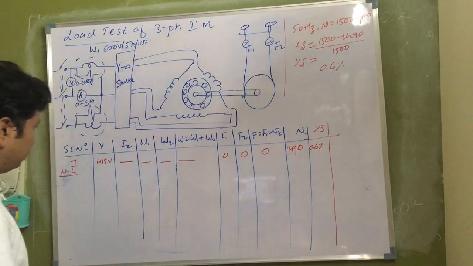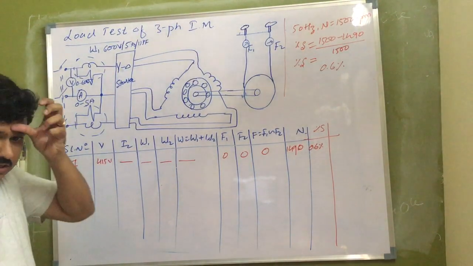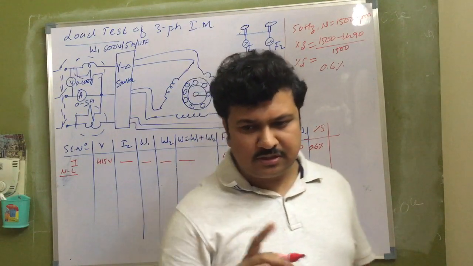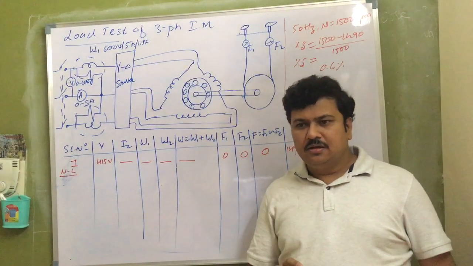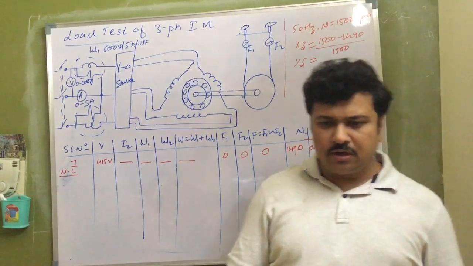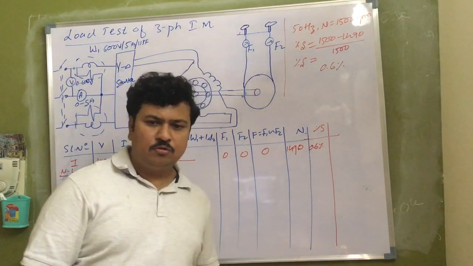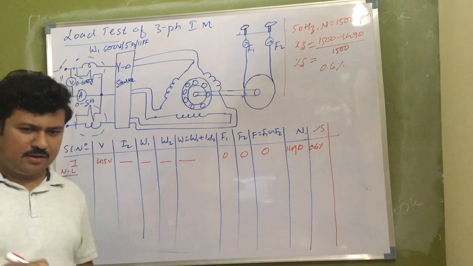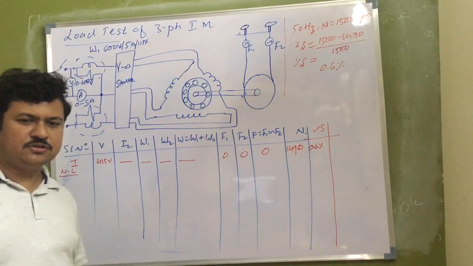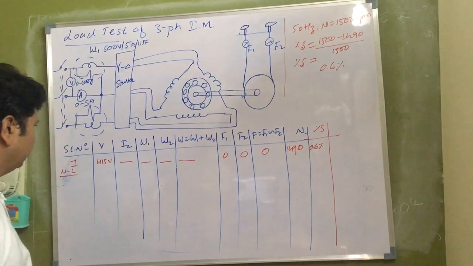And when you observe the reading of IL in Swinburne's test in the last session of the lab, the current rating of the motor was 13.3 amperes. The no load current obtained was not more than 2 or 2.5 amperes. It was 2.5 amperes we considered. Actually, even in regular conduction, you will get 2.5 amperes only. Okay, not more than that.